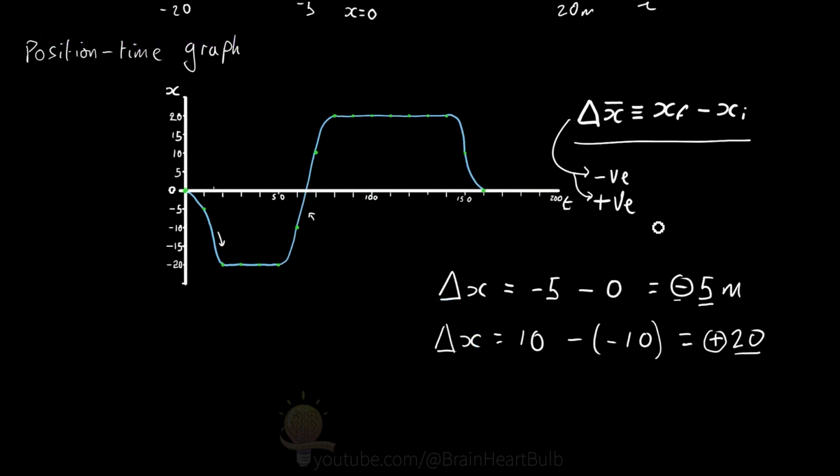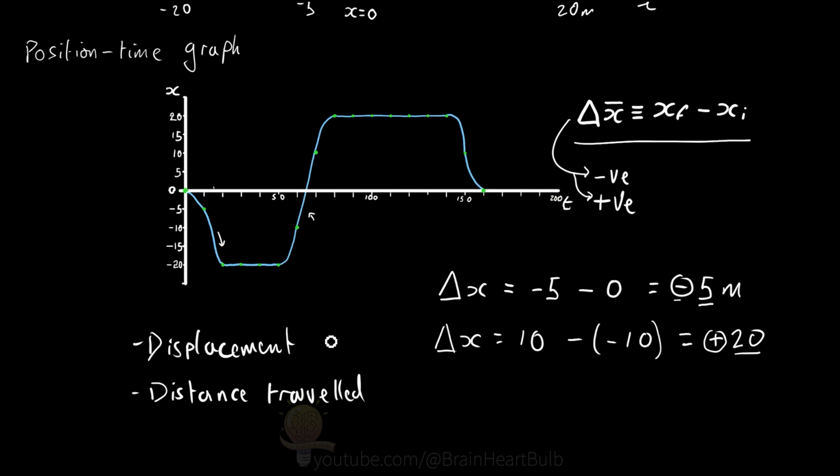But there's a very important distinction that we need to make between displacement and distance travelled. These two quantities are not the same thing. Displacement is a vector quantity, and distance travelled is a scalar.